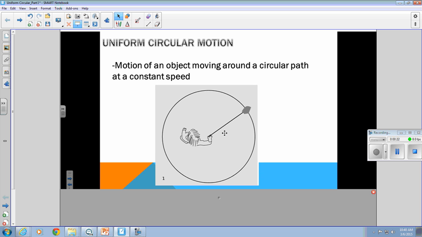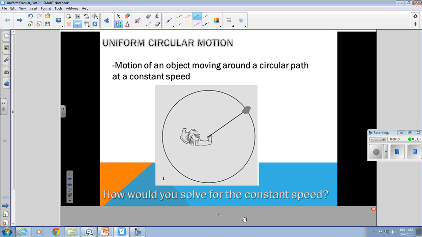We've got a person twirling some mass, let's call it a ball, on a string, around and around in a circle, and we're going to say that she or he, whoever's swinging this thing, is moving it at a constant speed. In order to analyze this, let's analyze what the speed is.